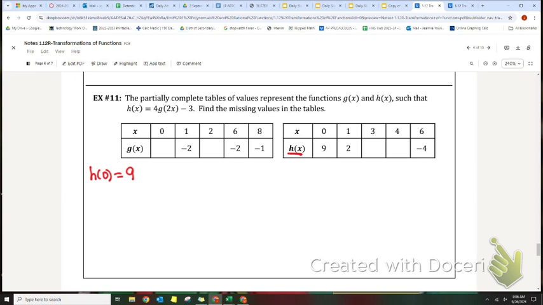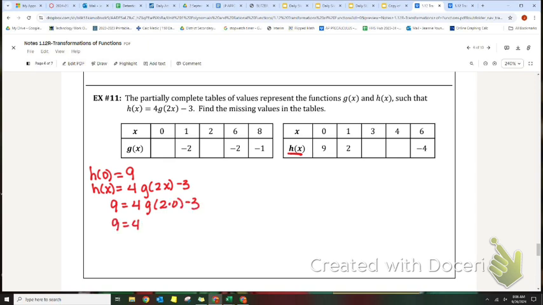But it also tells me that h of x is equal to 4 times g of 2x minus 3. Well, if I'm looking for x is 0, then I know that this means that 9 is equal to 4 times g of 2 times 0 minus 3.